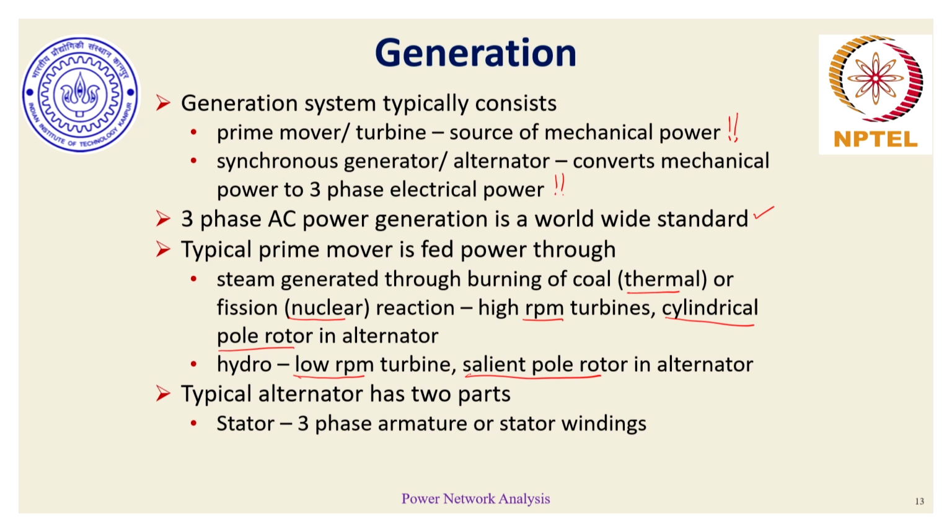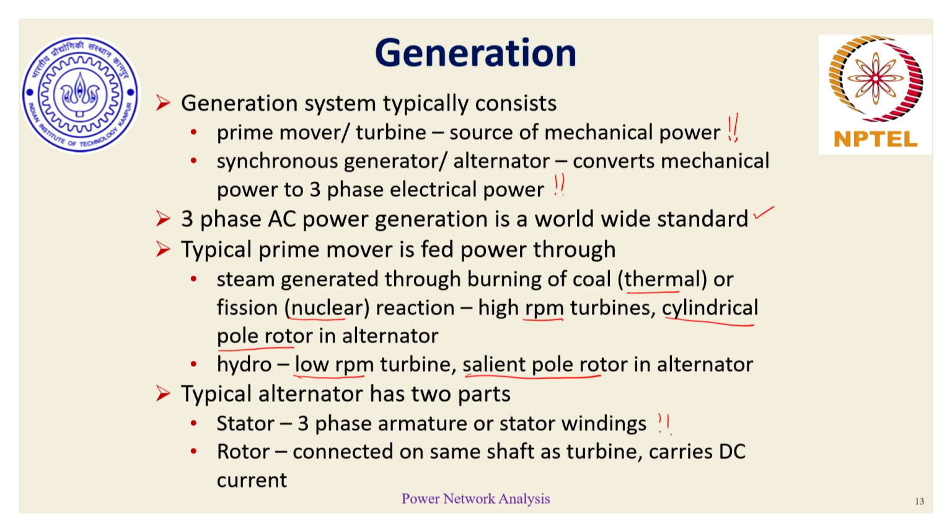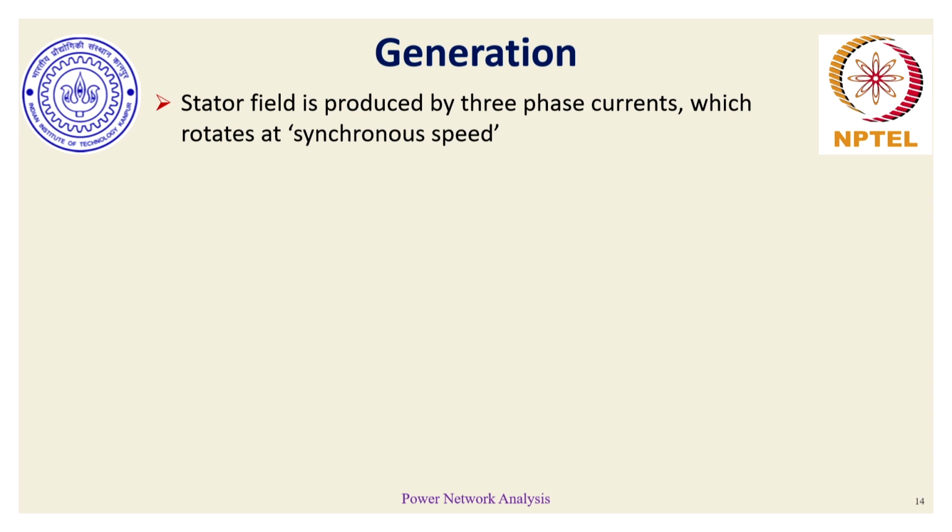Essentially, the typical alternator that we will discuss at length has two distinct parts. One is the stator, which houses the three-phase stator windings, and then we have a rotor, in which the coupling happens with the turbine, and it is essentially a DC circuit carrying DC current. The stator field is produced by the three-phase currents in the three-phase armature windings, and the term synchronous generator gets its name from the notion known as synchronous speed.